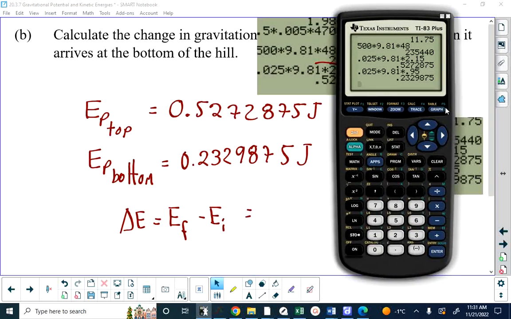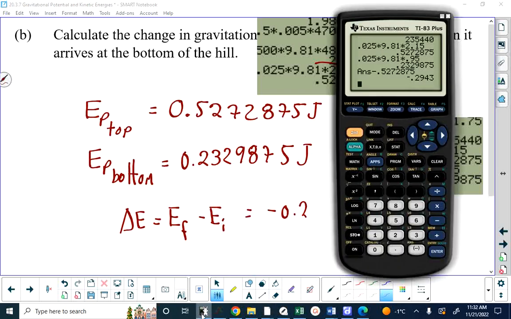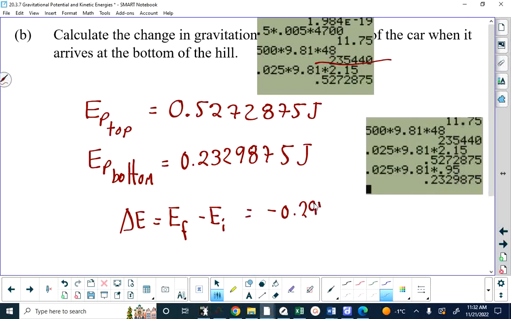So let me subtract now the energy that it had at the top, which was 0.5272875, and we get negative 0.232943 joules. That's the change in the potential energy.